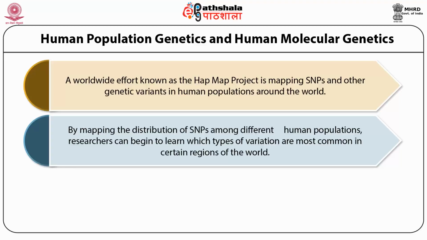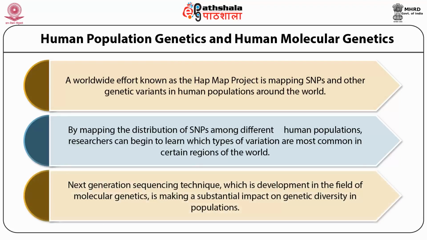Genetic epidemiology has become an evolving field owing to the wealth of data generated through the Human Genome Project and HapMap project. Another technique known as next generation sequencing has been developed in the field of molecular genetics, which is making a substantial impact on the study of genetic diversity in populations.